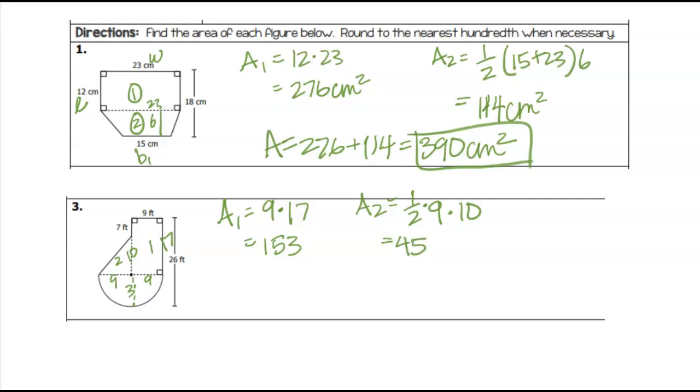All right, then I have the area of my third figure. It is a semicircle. So I'm going to take half of my circle area, which is pi r squared, and I see that r is 9.